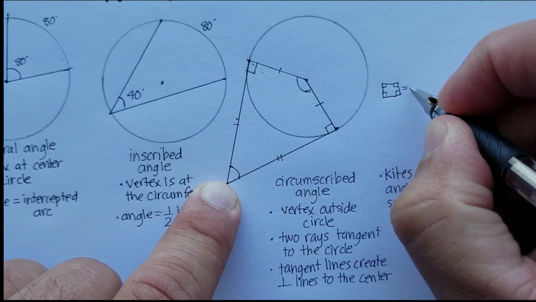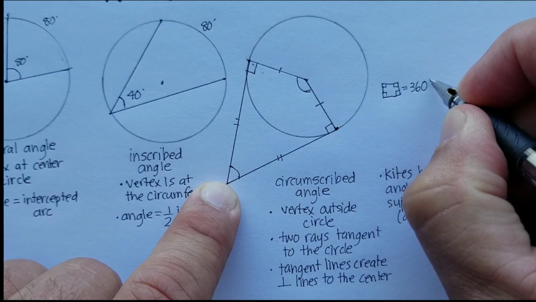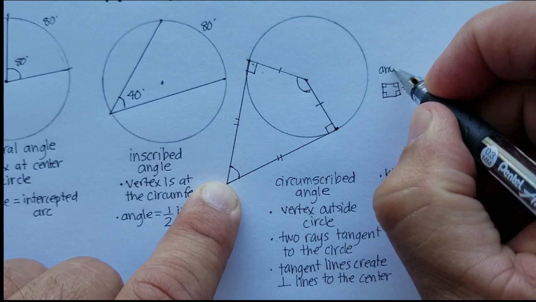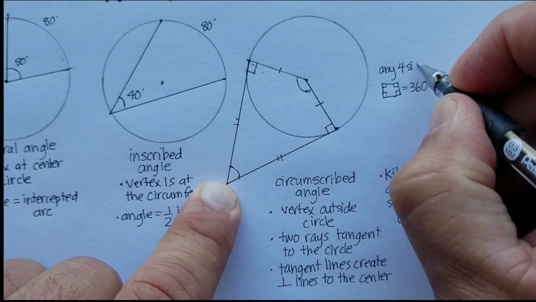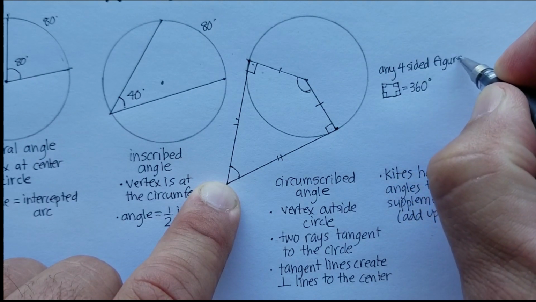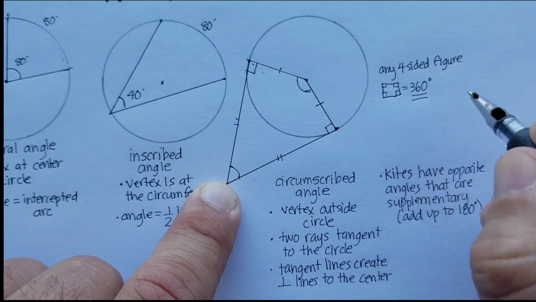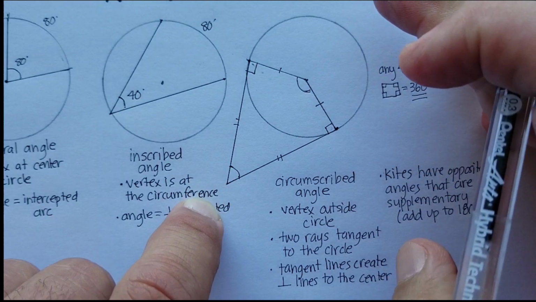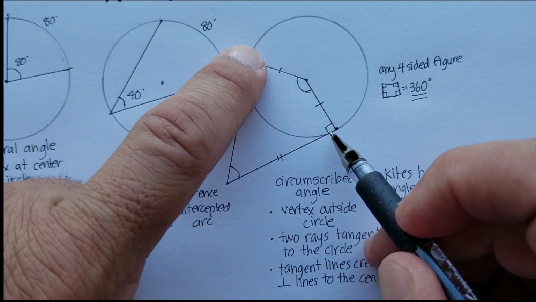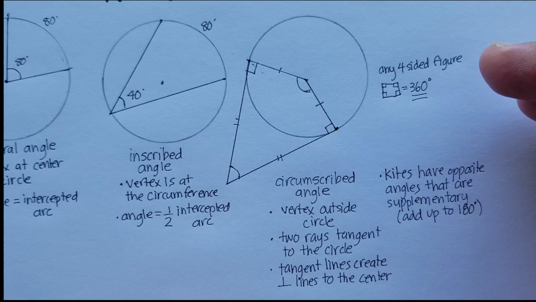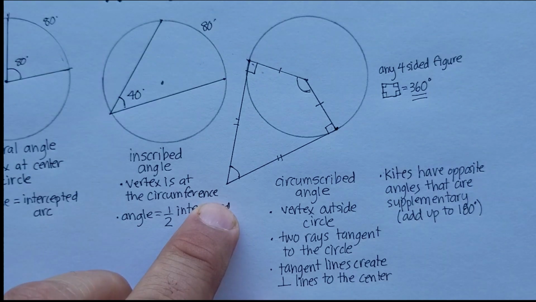Those equal 360 degrees. In fact, any four-sided figure has internal angles that equal 360. In this kite, no matter how stretched out it might be, the opposite angles always equal 180.